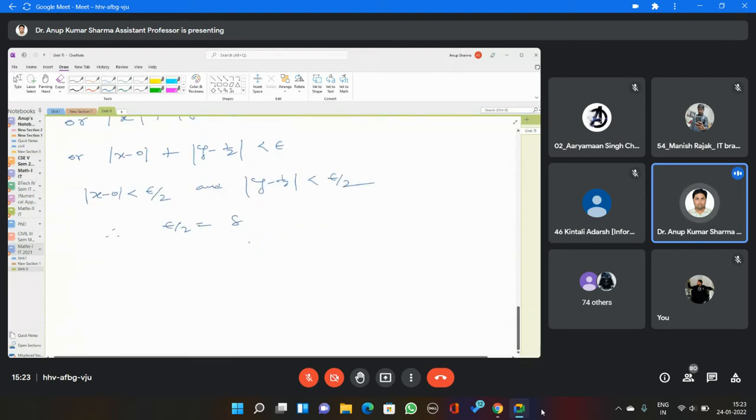So when we get such things, hence, if mod of x plus y minus half is less than epsilon, then mod of x minus 0 is less than delta, which is epsilon by 2, and mod of y minus half is less than delta, which is equal to epsilon by 2.